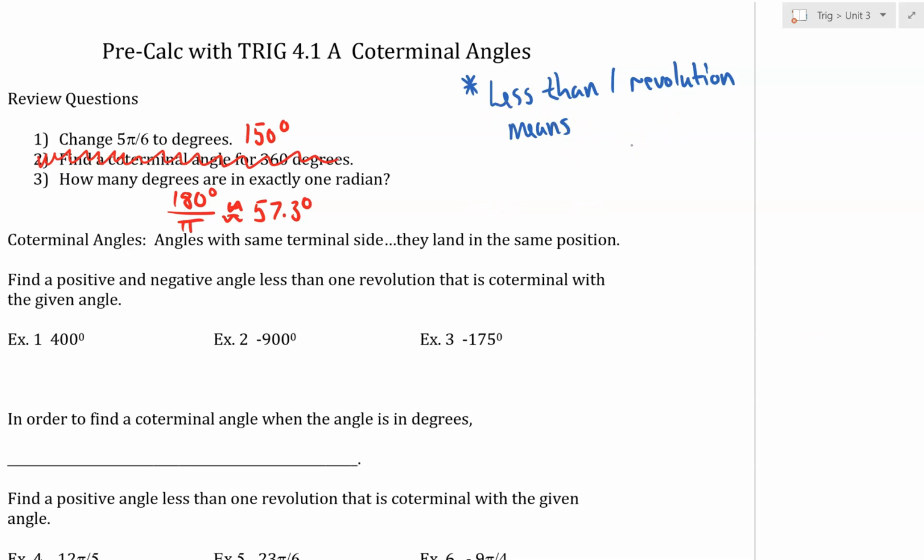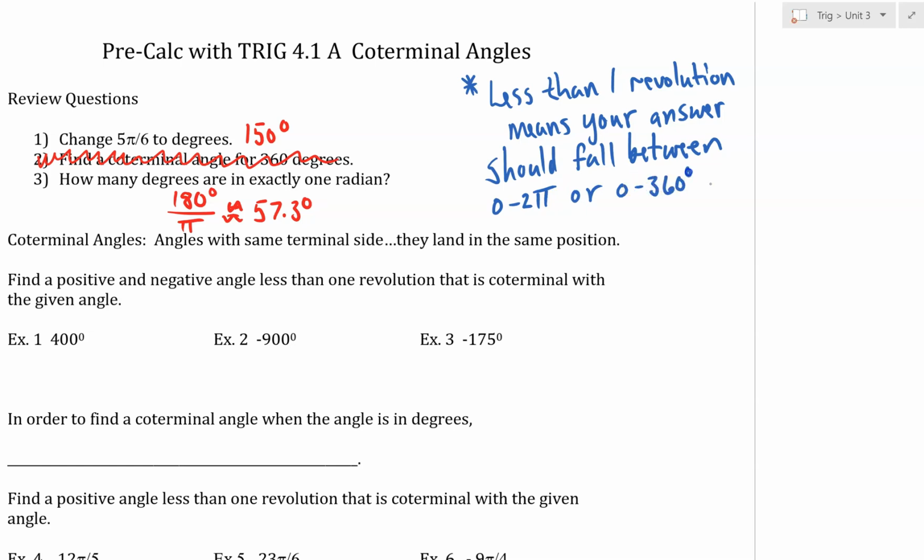Less than 1 revolution means your answer should fall between 0 and 2 pi or 0 and 360 degrees, depending on which one they actually do.